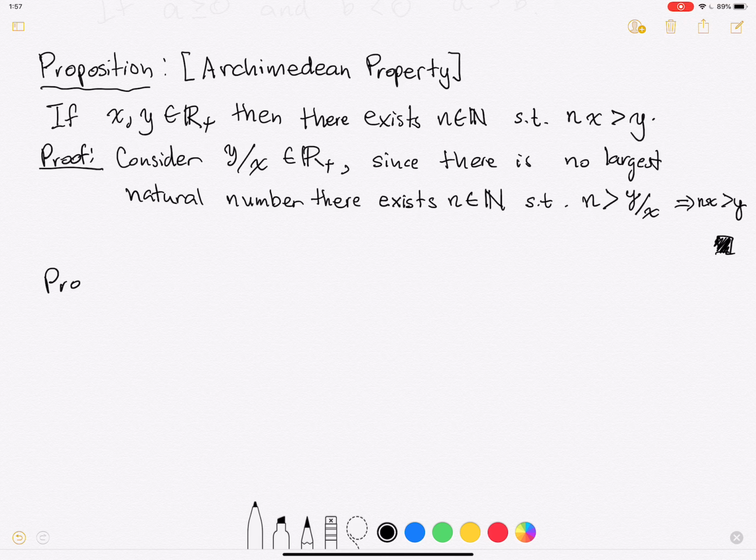So now let's go on to the second property we wanted of completeness. Proposition. Take an x in R and let epsilon greater than 0.